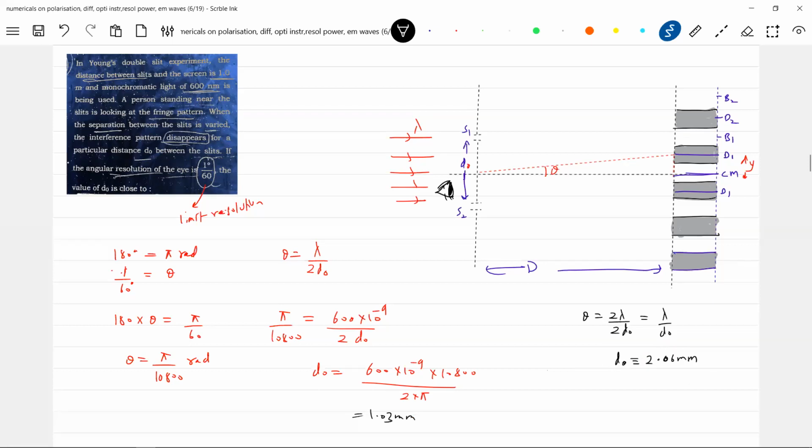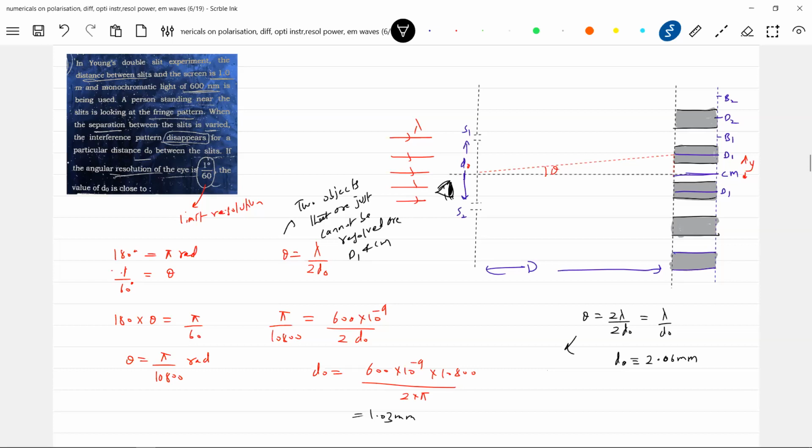So one takes reference as 2 bright spots or 2 dark spots. Here what we took as reference are the 2 objects that just cannot be resolved: D1 and central maxima.